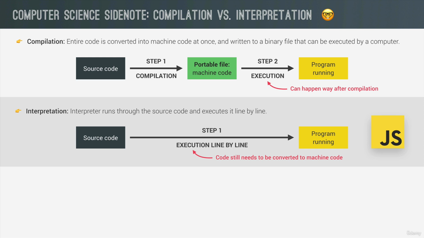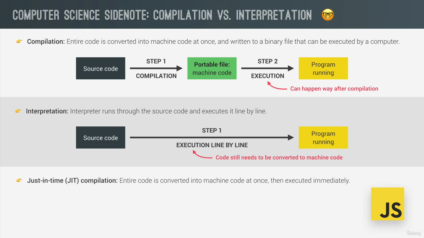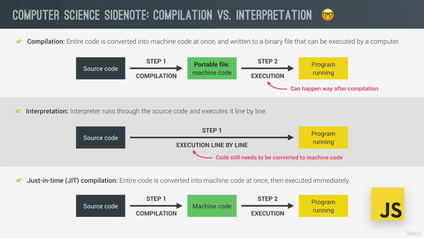So instead of simple interpretation, modern JavaScript engines now use a mix between compilation and interpretation, which is called just-in-time compilation. This approach basically compiles the entire code into machine code at once and then executes it right away. So we still have the two steps of regular, ahead-of-time compilation, but there is no portable file to execute, and the execution happens immediately after compilation.